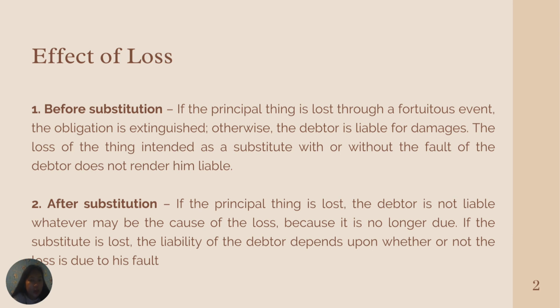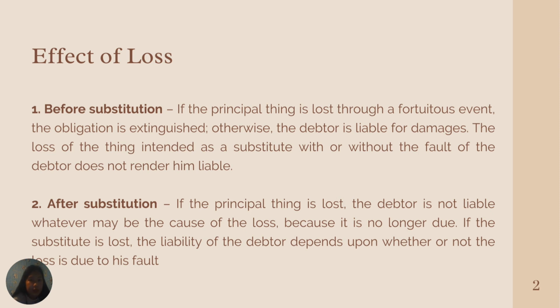If item 1 is lost through the fault of Mara, Mara is liable for damages. If item 2 is lost with or without the fault of Mara, Mara is still liable to deliver item 1, and he is not liable for damages for the loss of item 2 as it is not due.